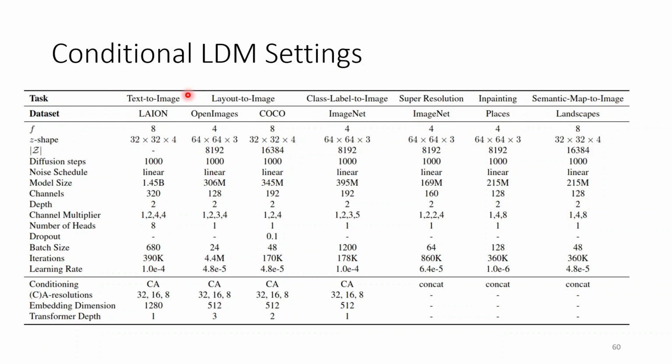Only in latent diffusion do they apply an encoder so that the image can be conditioned on text input. And you can see here, because they need to convert the text to a conditional code, the model size is the largest among all the other conditional tasks.